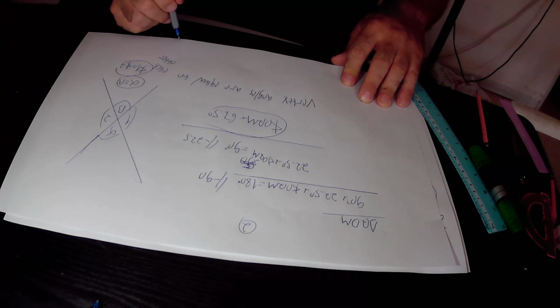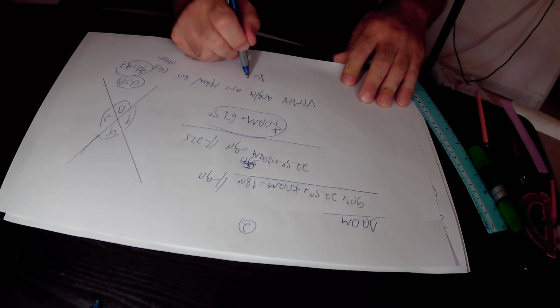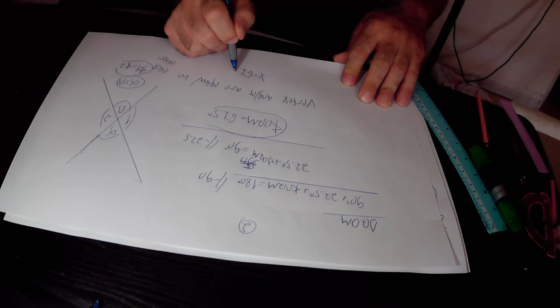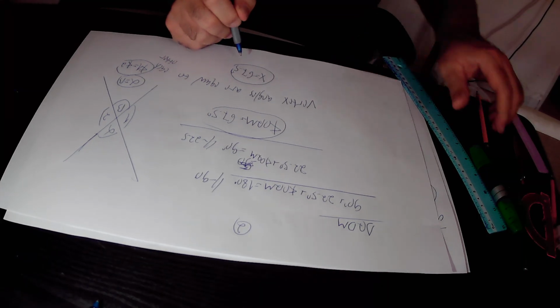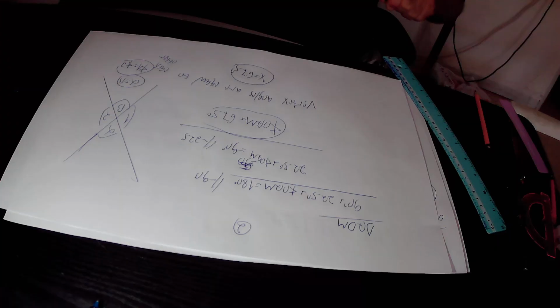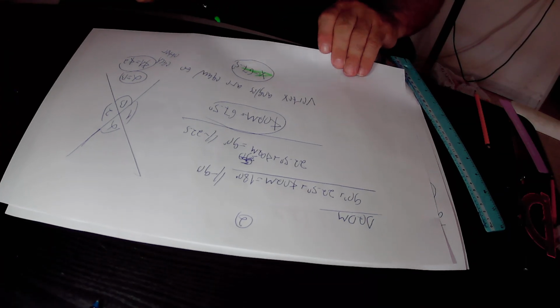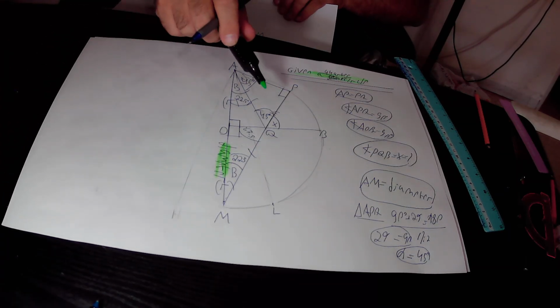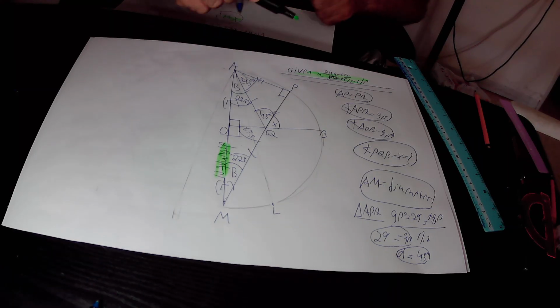So the answer to the question, the size of the angle that we are looking for, that is angle x, equals 67.5 degrees in its size.